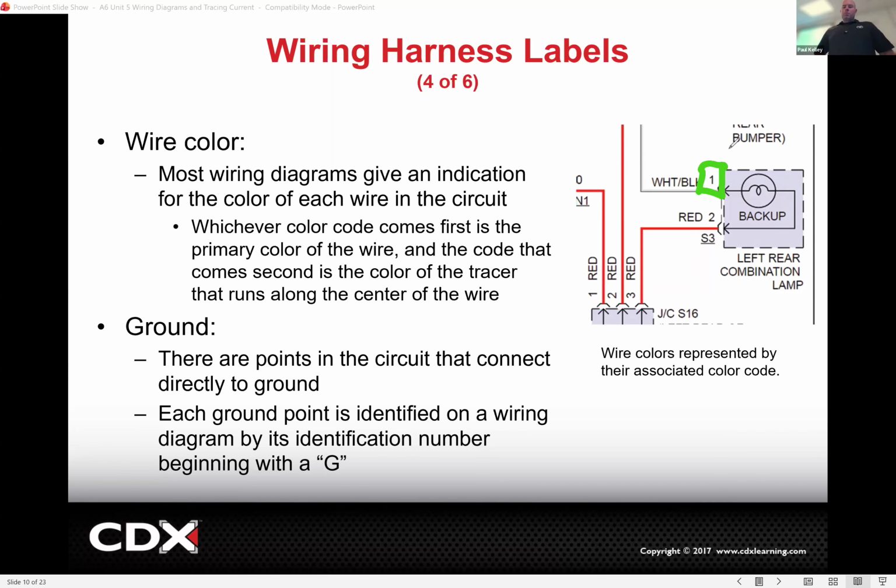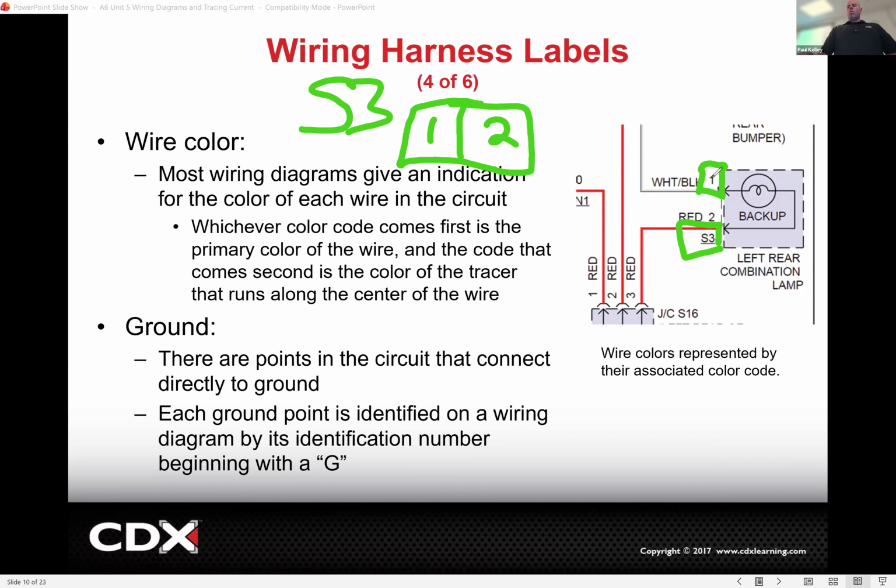So what's pretty cool is if this has a connector, this may even tell you the name of the connector is S3. So it's connector S3. Connector S3, we could look up and we could get connector N view, and it'd look like this. Maybe 1 and 2.